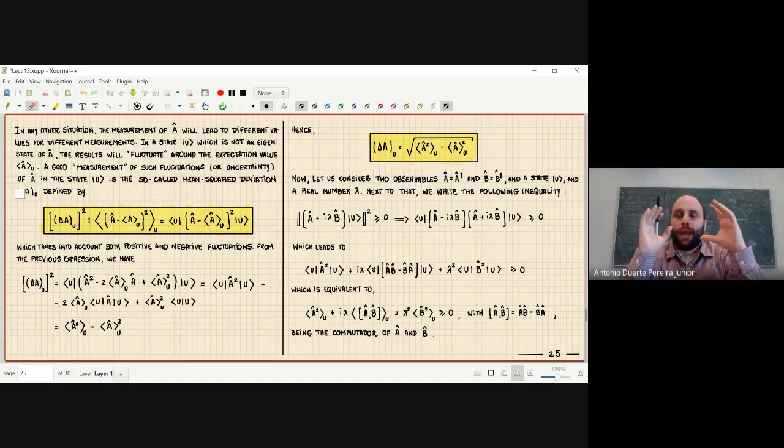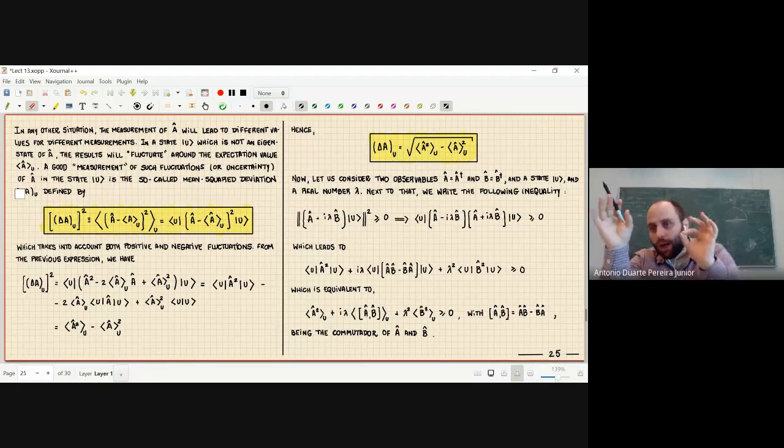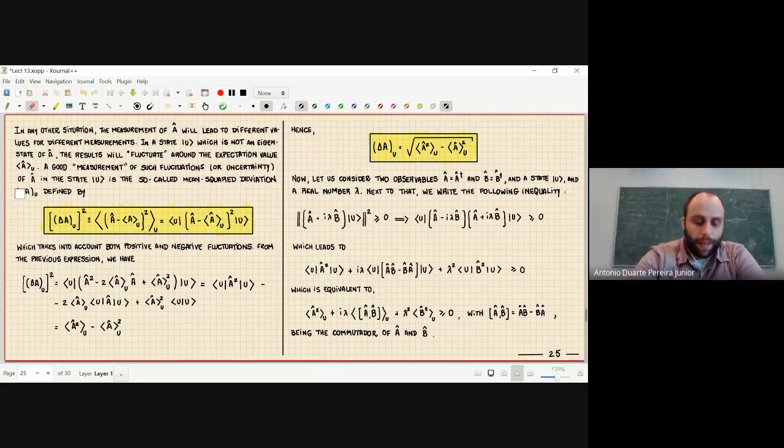Remember, the expectation value of an operator is the sum of the probabilities of getting an outcome times the corresponding outcomes. So you are weighting the sum by probabilities, and therefore you're not going to get the same result as just one outcome. Okay?